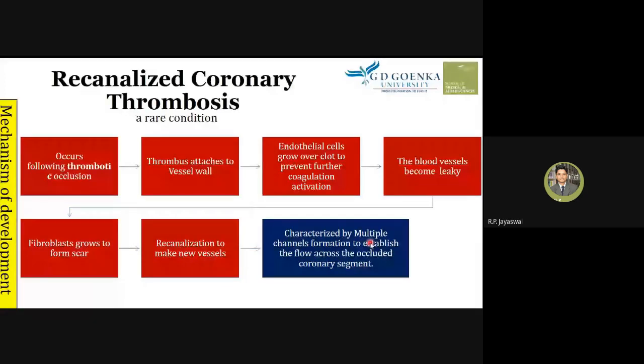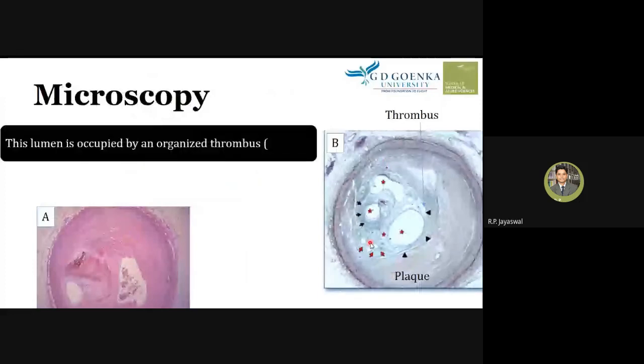Here we have the lumen. The lumen is occupied by an organized thrombus. This is the thrombus. This entire area is thrombus, and here also this much area is thrombus, and on the outer side these are the plaque, followed by thrombus formation.